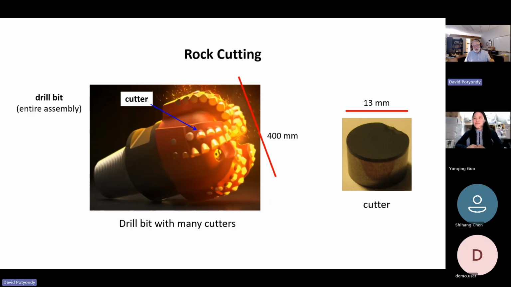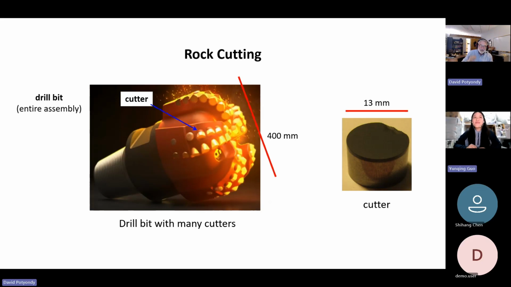So what they do is this pipe is hollow. They pump fluid down here. See this opening? Fluid comes out. The hole is bigger than the diameter of the pipe. So fluid goes down the middle of the pipe, comes out the bottom, fills up with cuttings, and transports them to the surface.